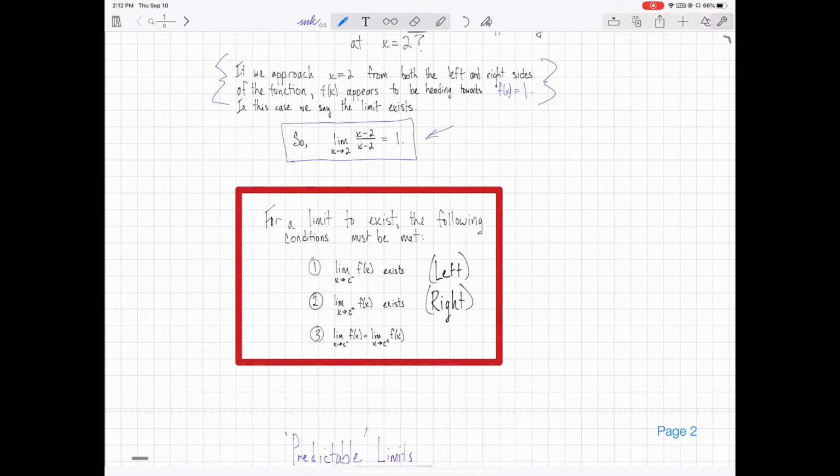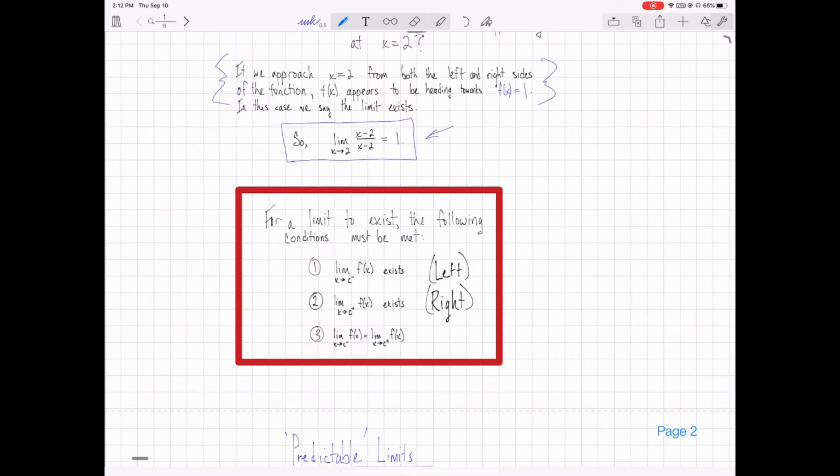Okay, in a little box, it says this: for a limit to exist, the following conditions must be met. The limit of f of x exists as x approaches c coming from the negative side. So that would be from your left. And the limit as x goes to c from the positive side of f of x exists.